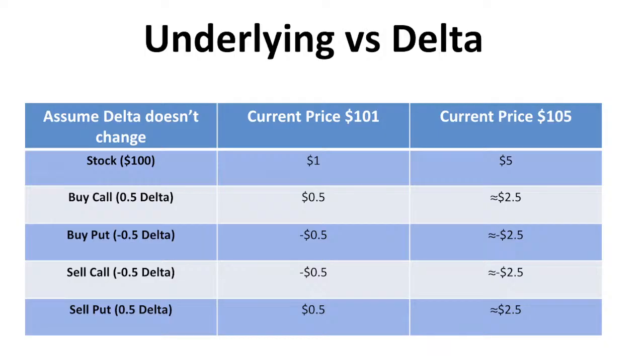If you sell a call and it moves higher, same as a put, you lose roughly $2.50. If you sell a put and the price moves up, you gain roughly $2.50.